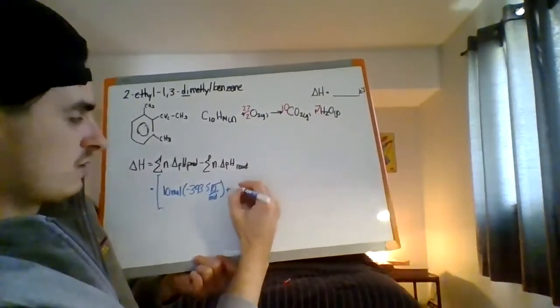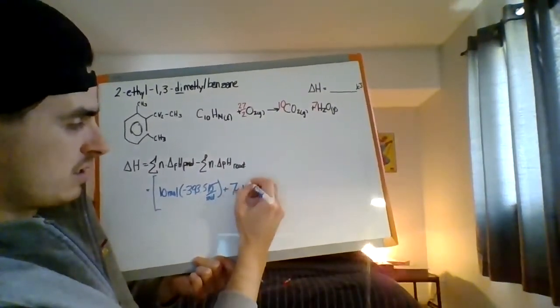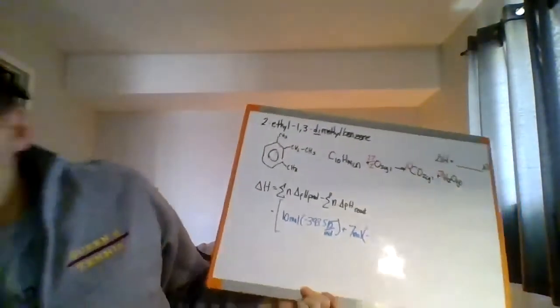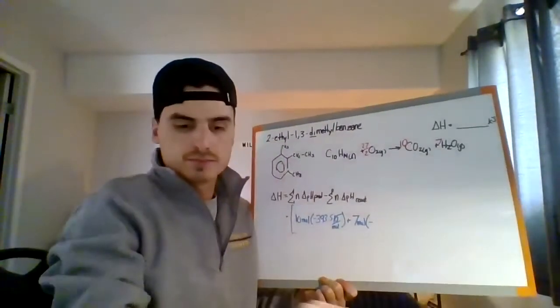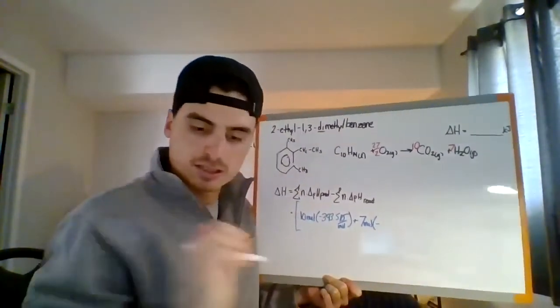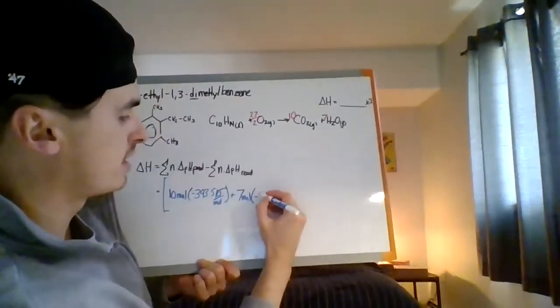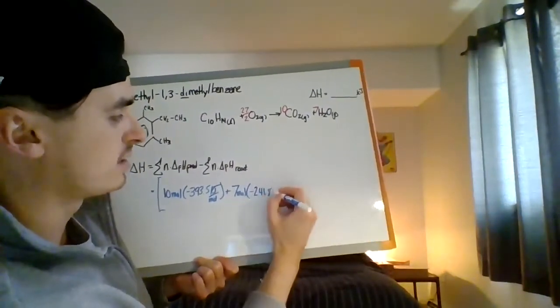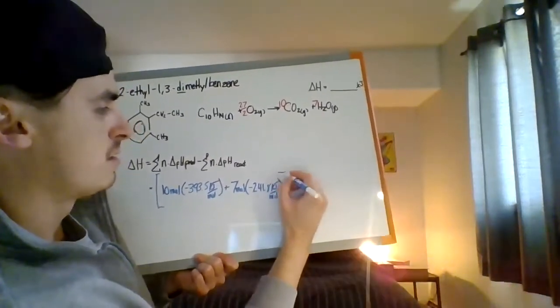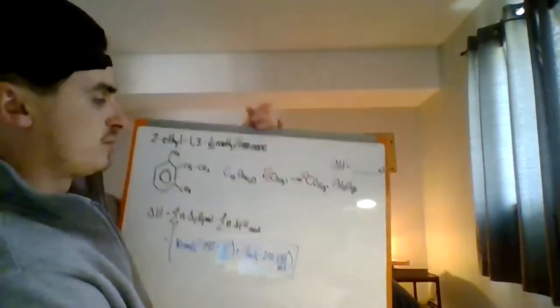Plus 7 moles times negative, I think it's 241.8 for water vapor. Let me just check my data booklet. Yep, negative 241.8 kilojoules per mole. Okay, and then I have to subtract reactants.